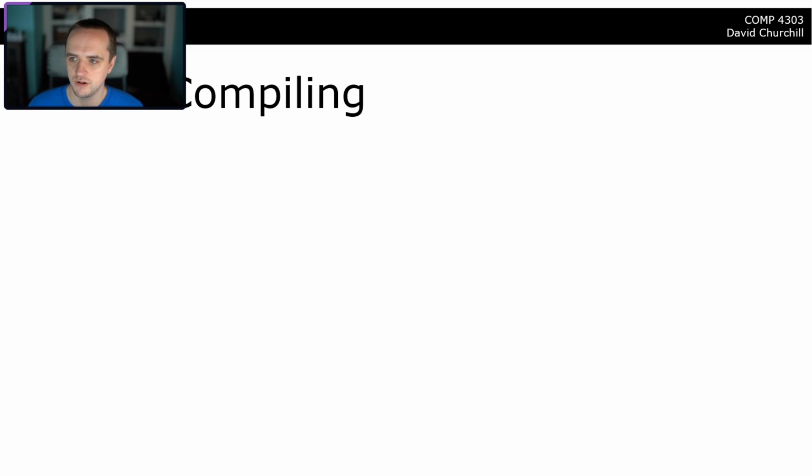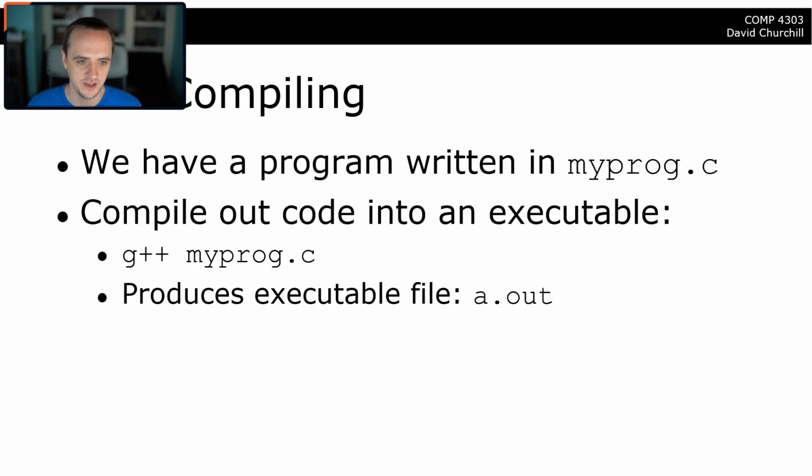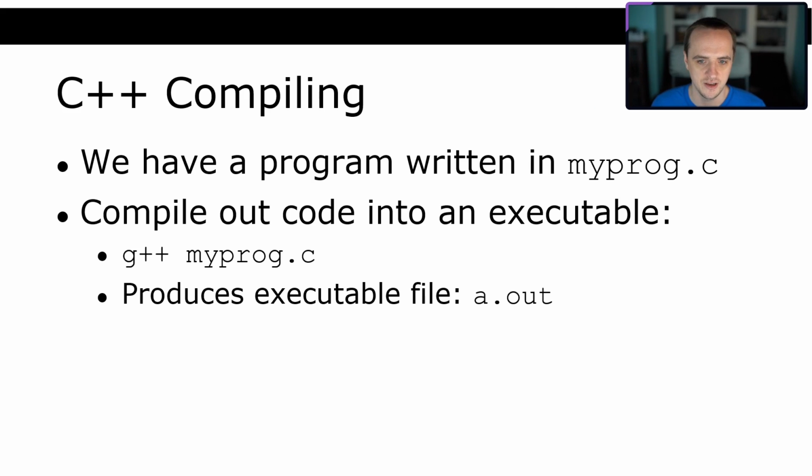C++ compiling, sorry. So we have a program written in myprogram.c. You're going to compile the code into an executable. So if you just type g++ myprogram.c, it will actually do all of those steps for you, okay? There's not one command for the preprocessor and one command for the compilation and one command for the link. It'll do it all for you if you want it to.